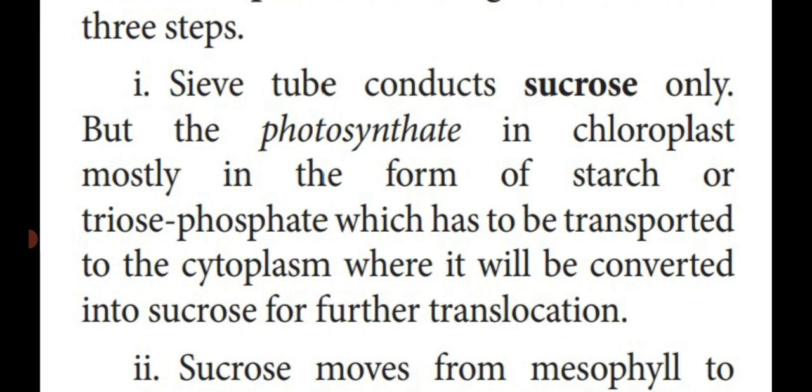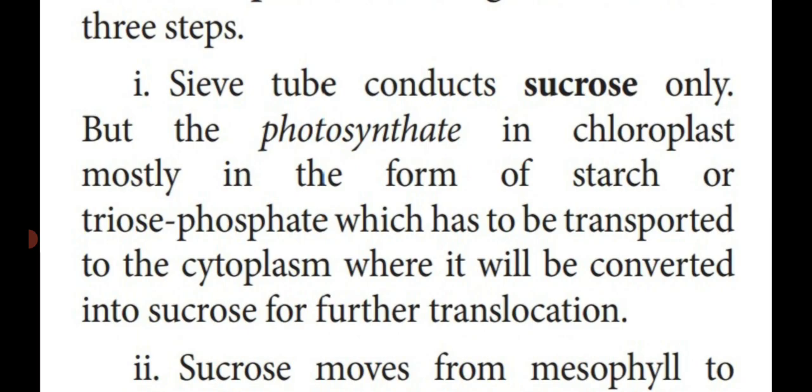In the first step, the phloem components of the sieve tube contain sucrose only. But what is the product of photosynthesis in the chloroplast present in the mesophyll cell?